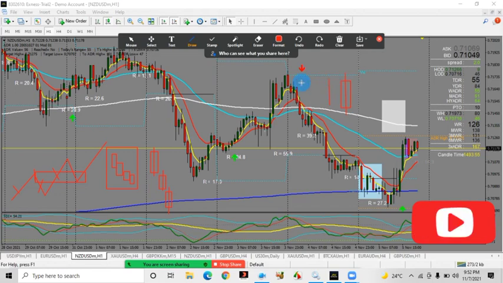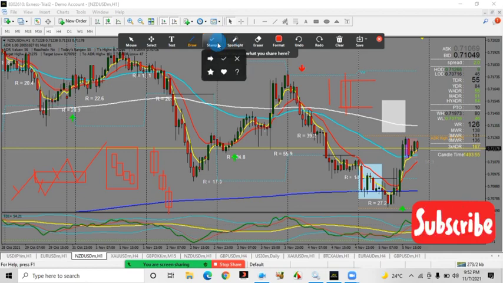The first thing we put into consideration is the open, depending on whether it's a bullish candle or bearish candle. Let's assume this is the bearish candle. This is going to be the open, and this is going to be the close.